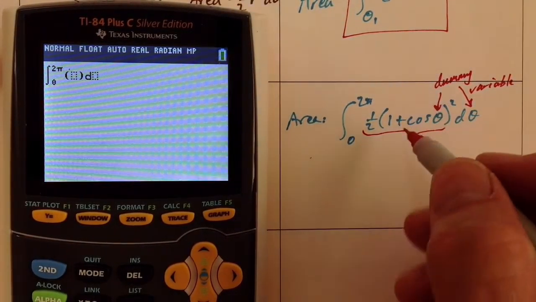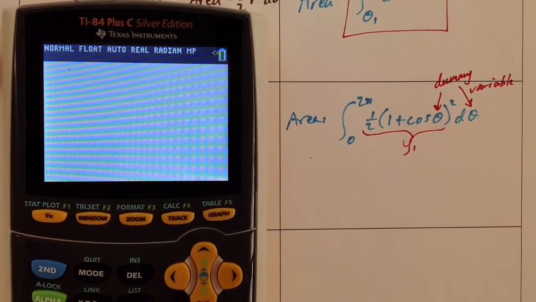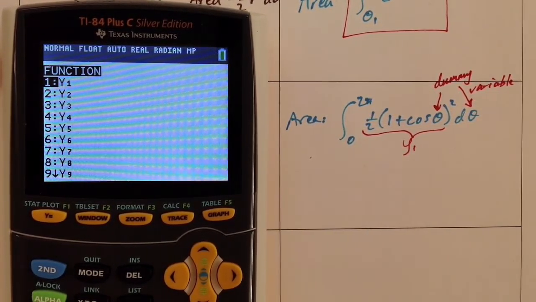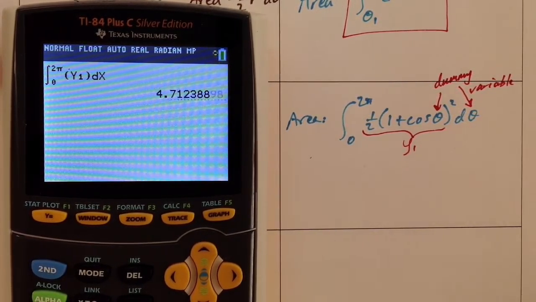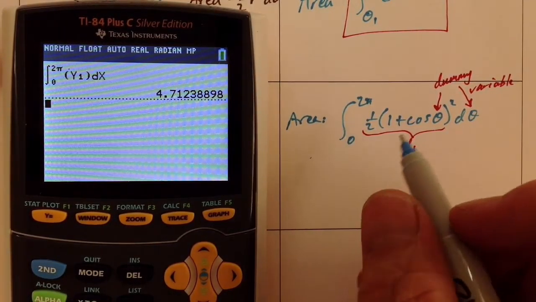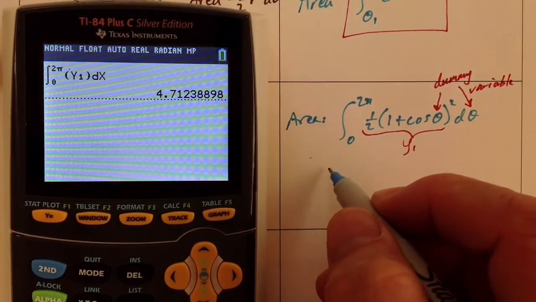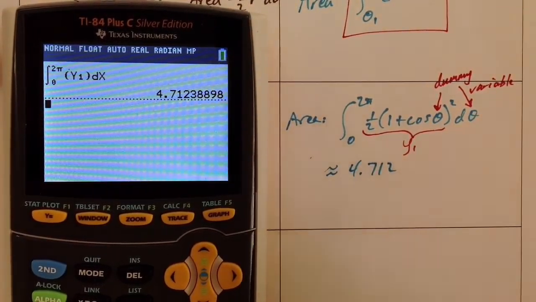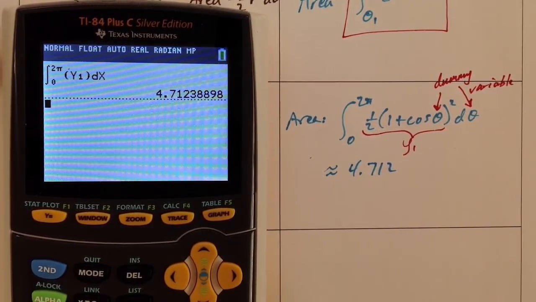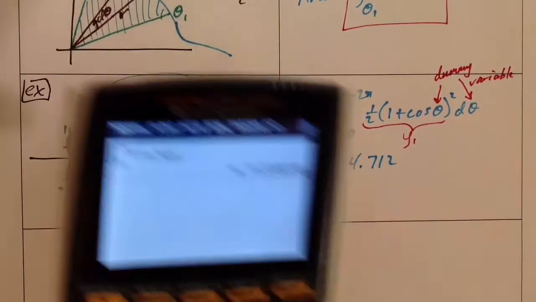And then I know that this is my y1: vars, Y-vars, y1, enter, and dx. It takes a little while here, and we get 4.712. So there we go, 4.712.